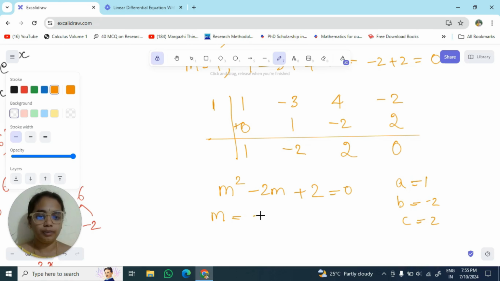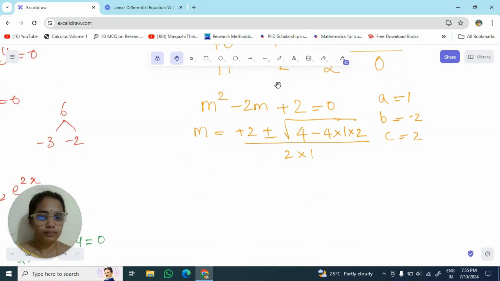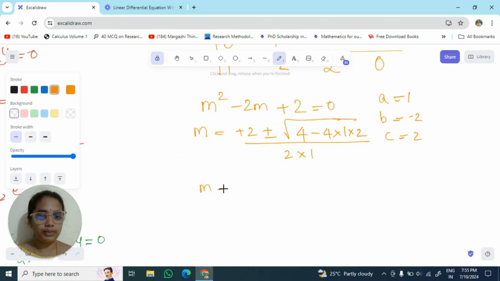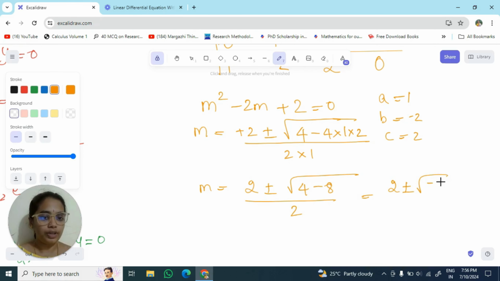So you would get 2 plus or minus square root of b square, that is 4, minus 4 into a into c, that is 2, divided by 2a. What happens over here? m is nothing but 2 plus or minus square root of 4 minus 8 by 2. So clearly we are getting a negative sign, right? Square root of negative 4 by 2.